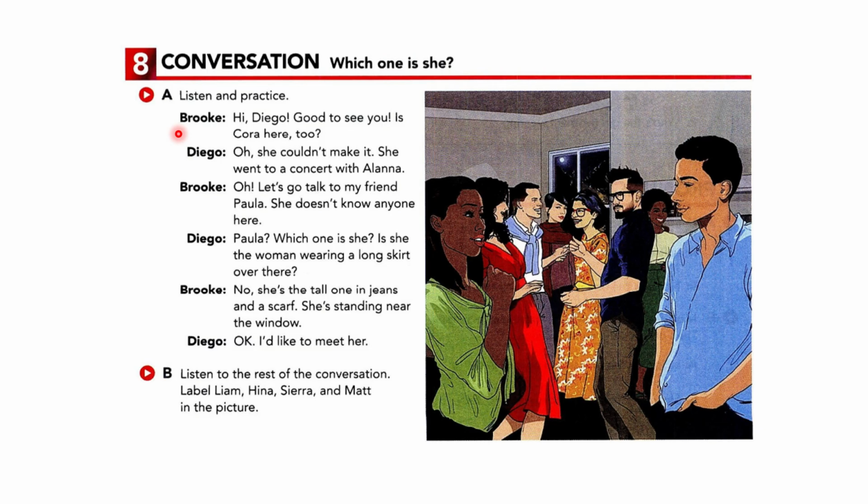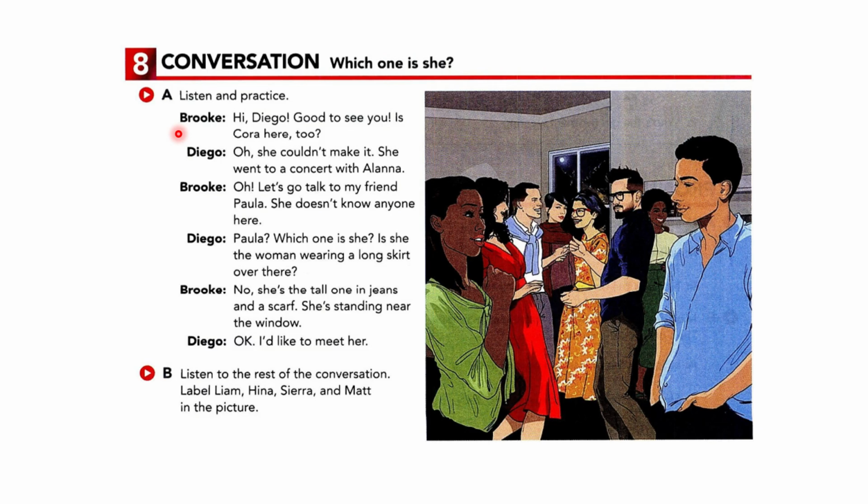Hi, Diego. Good to see you. Is Cora here too? Oh, she couldn't make it. She went to a concert with Alana. Oh, let's go talk to my friend Paula. She doesn't know anyone here. Paula, which one is she?